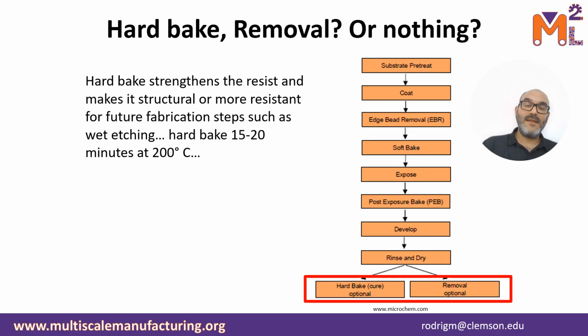And then at the very end, you have the option: either you hard bake it, or you remove it, or you do nothing, right? I personally recommend for the CMEMS application to hard bake. After you do your rinsing and drying, you can hard bake for 15 to 20 minutes at 200 degrees C. This will improve the strength of the pattern itself, and it can also improve the adhesion to the substrate.